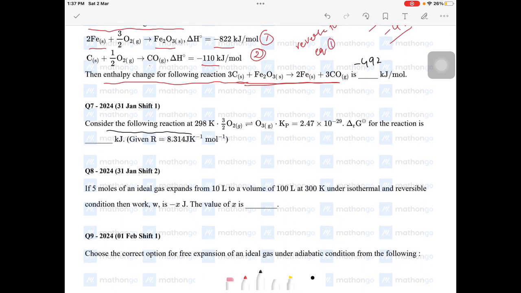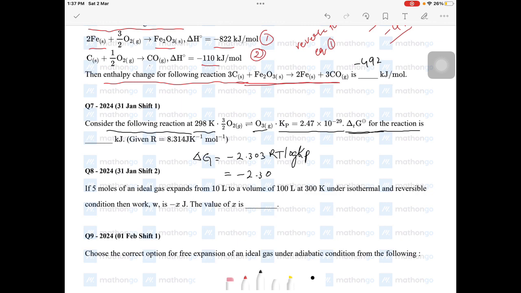Seventh question. Consider the following reaction at 298 kelvins. 3 by 2 O2 gives O3, Kp 2.47 into 10 to the power of minus 29. Find the change in Gibbs free energy of the reaction in kilojoules. Delta G is equal to minus 2.303 RT log Kp. Substitute the values.